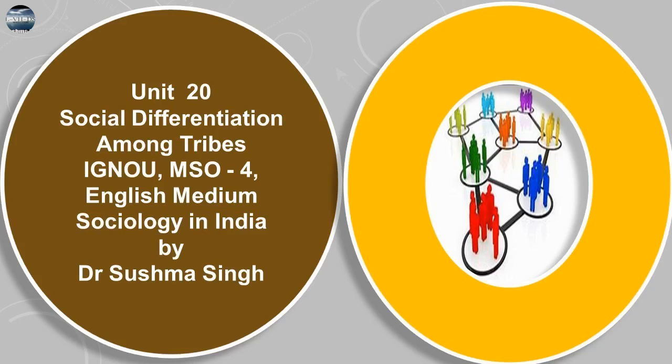Now, let us move to the point, Sorokin's classification of social differentiation. Sorokin classifies social differentiation into two broad categories based on the nature of its bonding and differentiation, namely unibonded groups and multibonded groups. The first is unibonded groups.